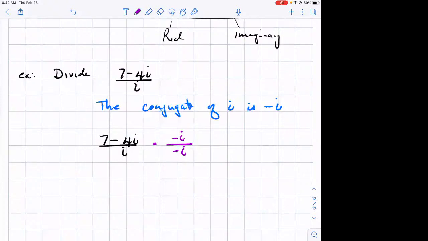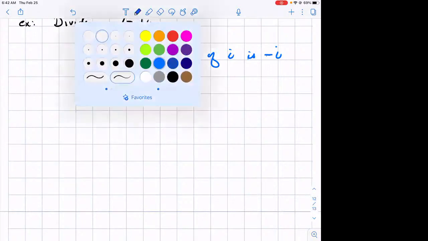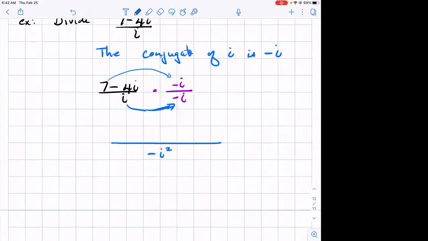That's the conjugate. By multiplying the denominator, this times this becomes minus i squared. And in the numerator, 7 times minus i becomes minus 7i. And then minus 4i times minus i becomes positive 4i squared.